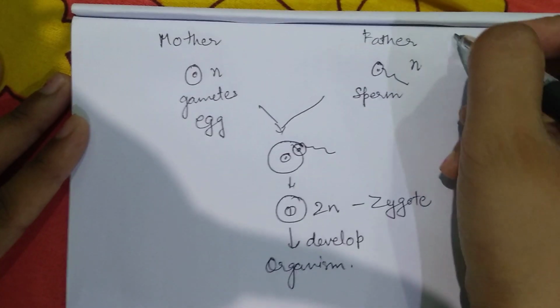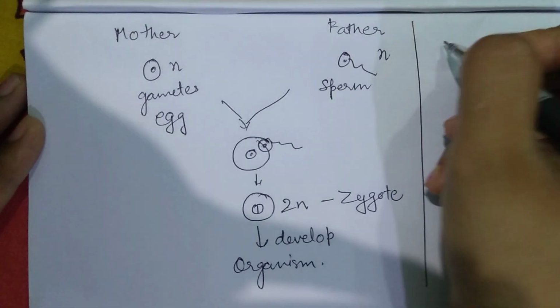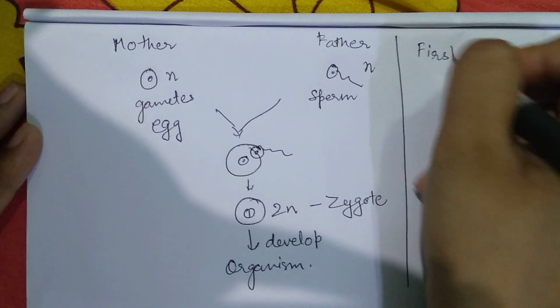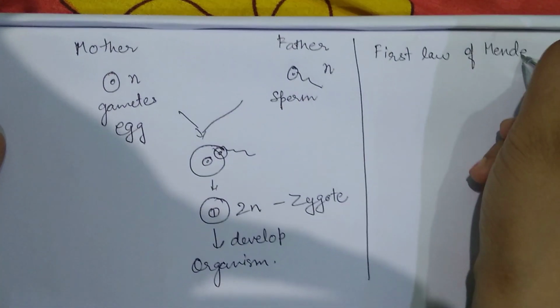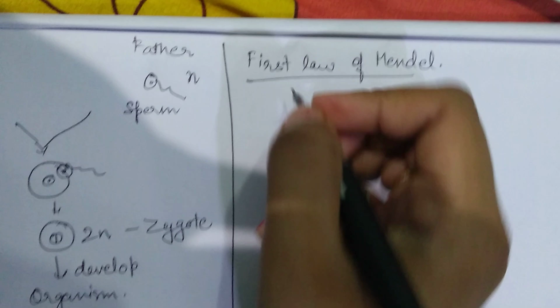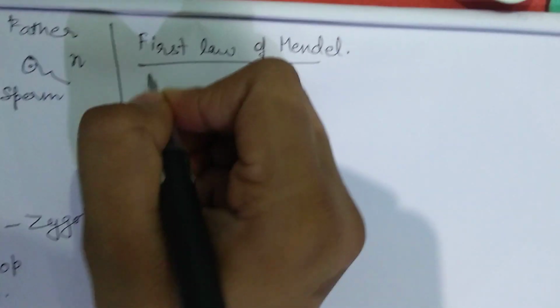But Mendel has given two laws. The first law of Mendel is explained by the monohybrid cross.